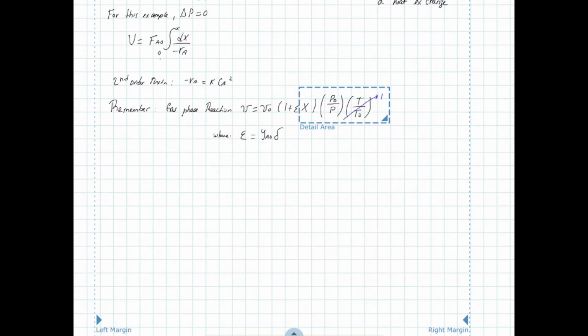That means this term equals 1, and also that there's no pressure drop. However, remember that if this is not true, you need to start with this equation and then make the appropriate assumptions depending on the problem statement.